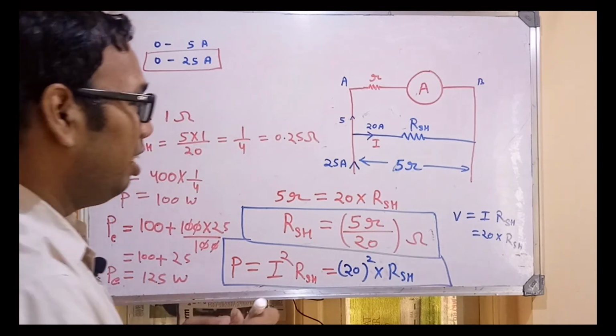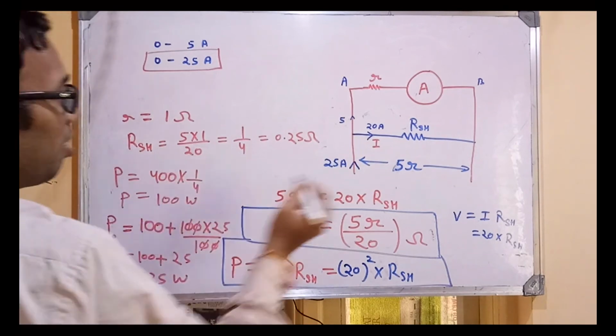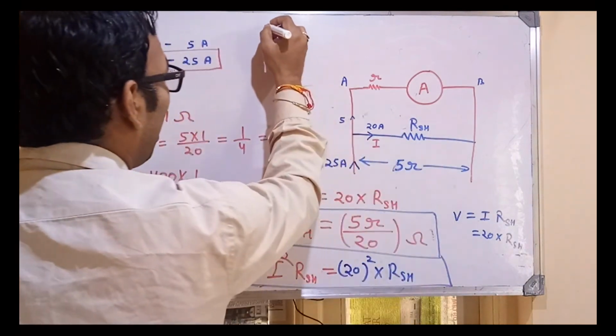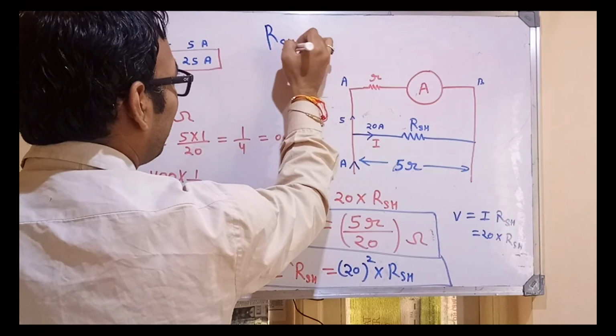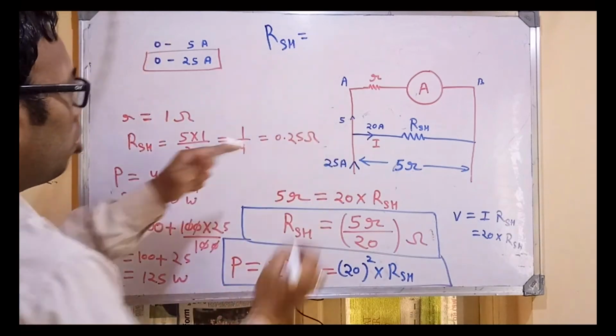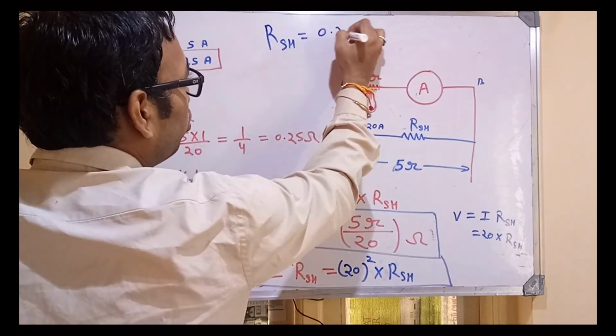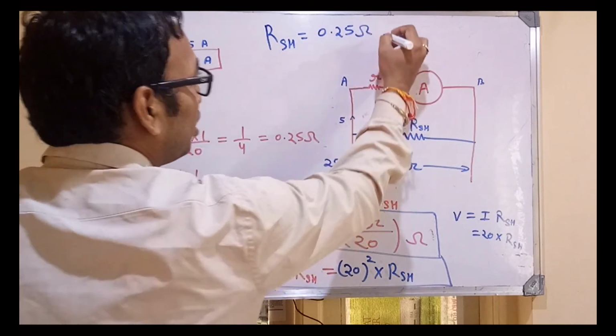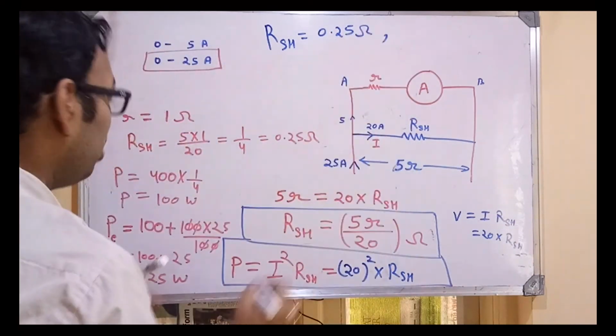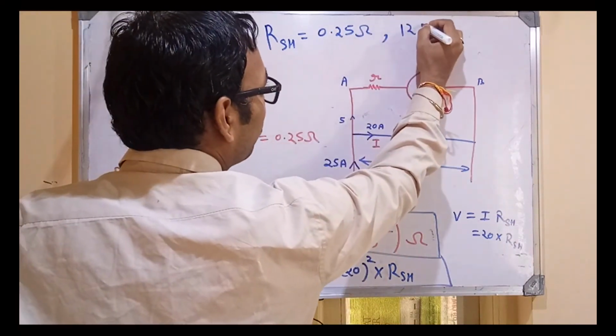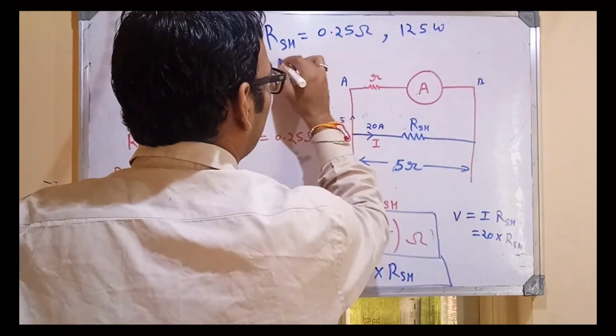So RSH is equal to 0.25 ohm and 125 watt.